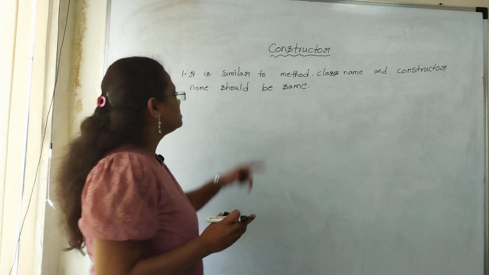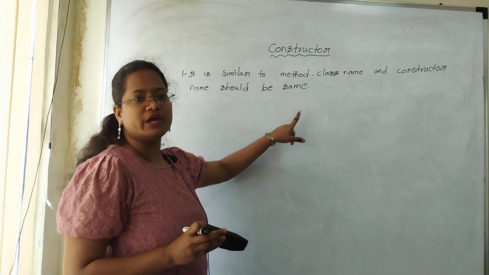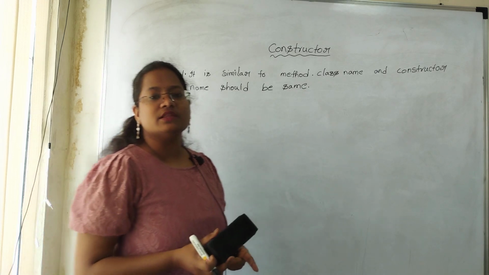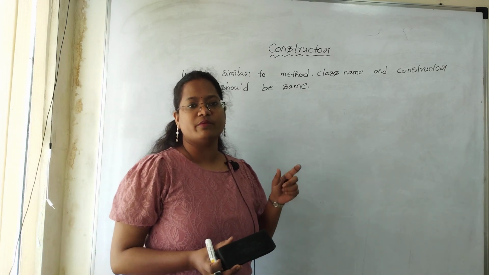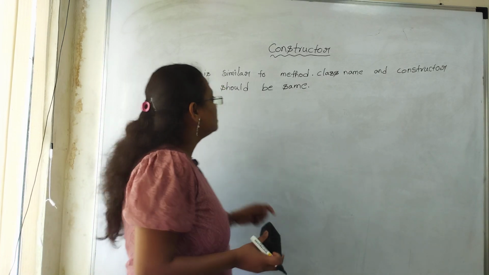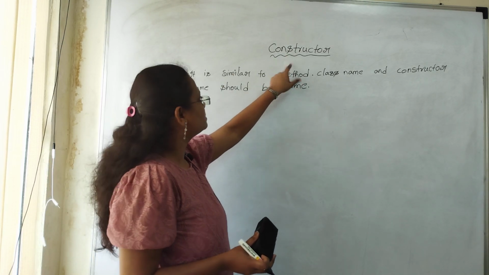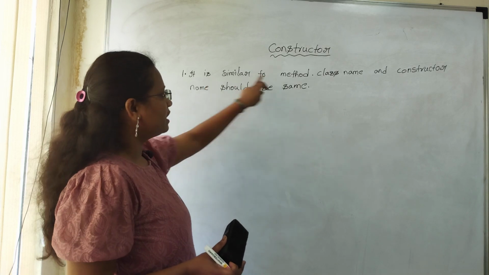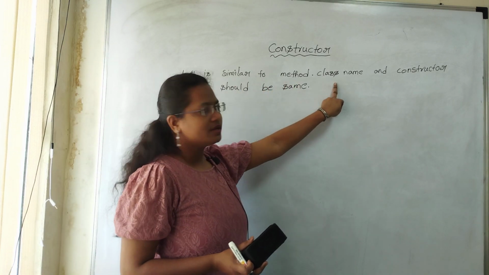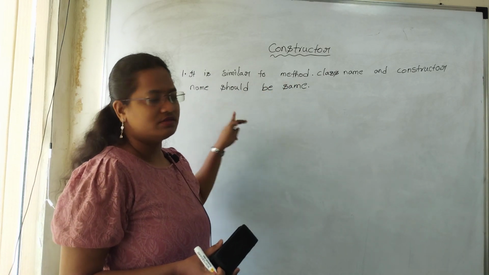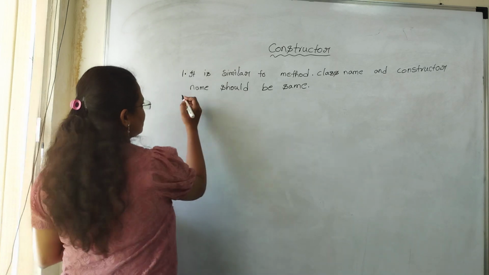It is similar to a method. So how can you represent a method? A method is nothing but a block of statements to perform a particular task. In the same way, a constructor also contains a block of statements. So it is similar to a method. Class name and constructor name should be the same. That is the first point.